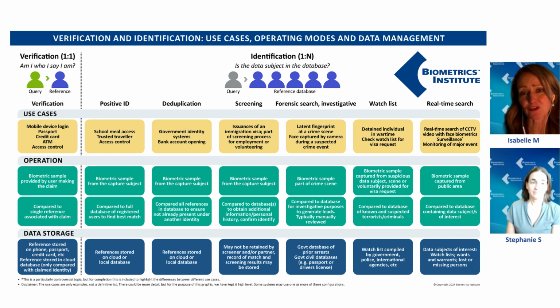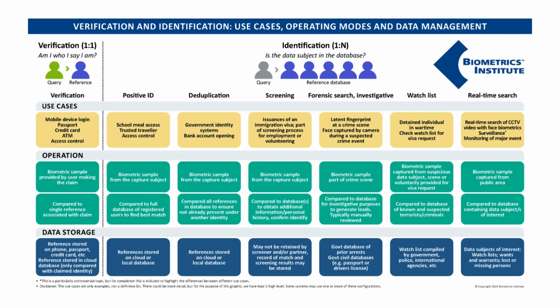So Stephanie, anything else you wanted to highlight in terms of the graphic? I think it gives us quite a good overview of what is there. Yeah, I think the only thing I would add is what makes real-time search so different than many of the other use cases. And that's really in that second row of green boxes, in that last column: biometric sample captured from public area.